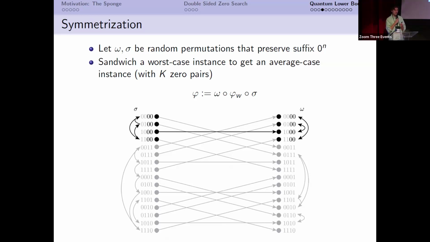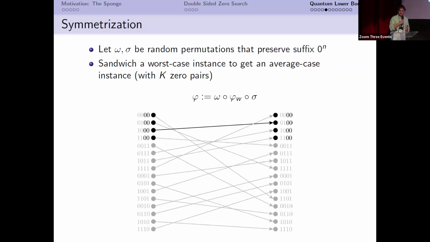Pictorially, the symmetrizing permutations omega and sigma shuffle the black dots and shuffle the gray dots, but they don't shuffle between the black and gray dots. And we do this on both sides. This is a structured worst case instance, and if we run it through these symmetrizing permutations, it looks pretty random.